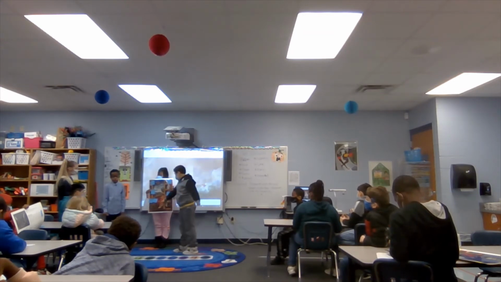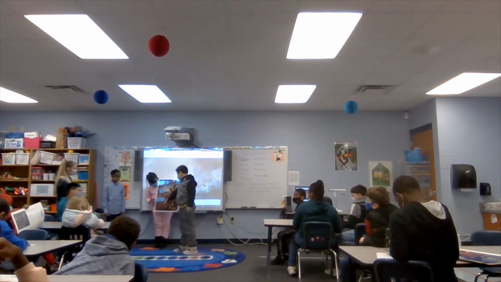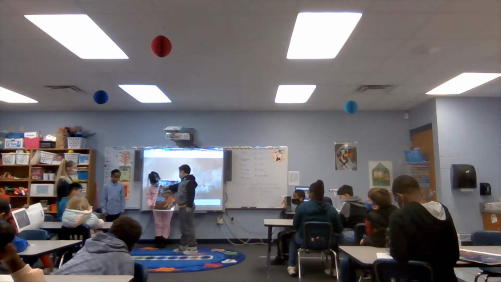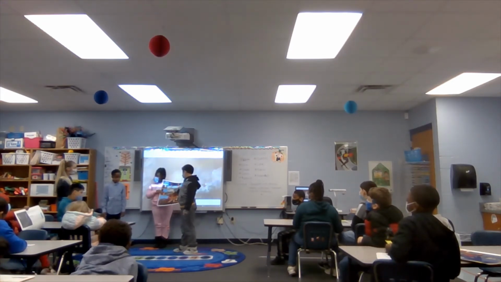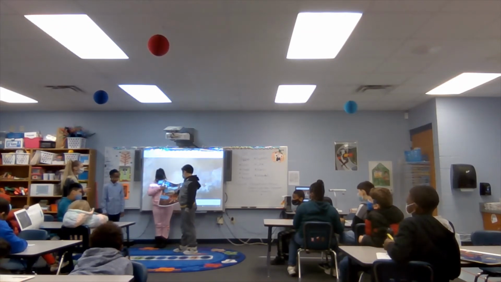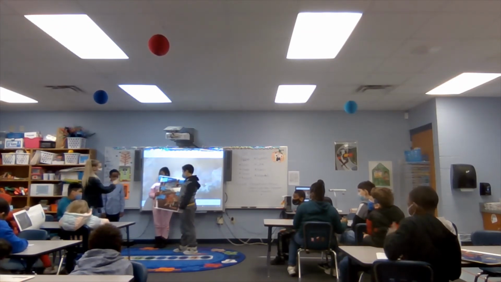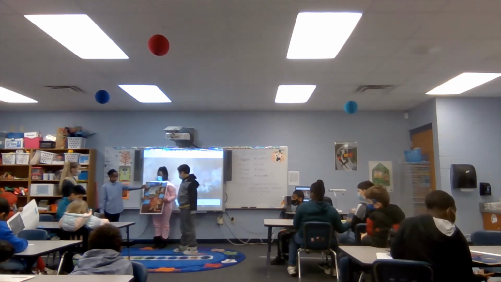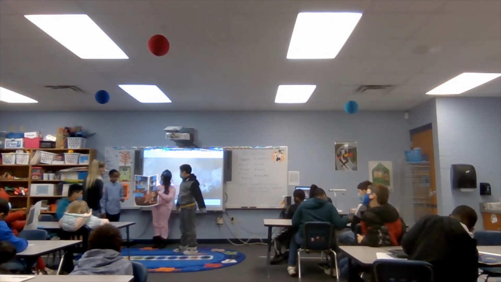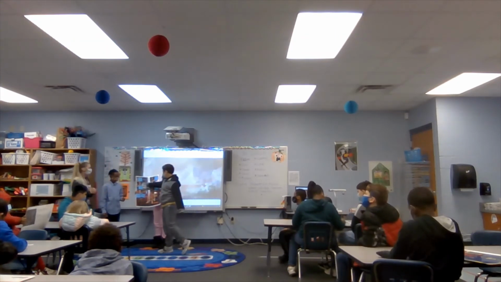So you see the form has shape, it has patterns, the window, the upper roof, what's it called again? Yes, the railing. What is the... what does it kind of look like?